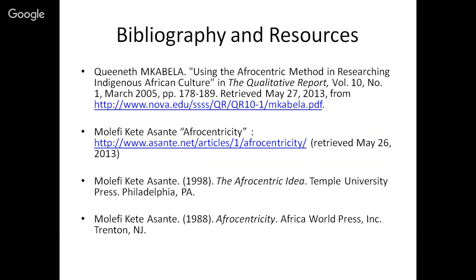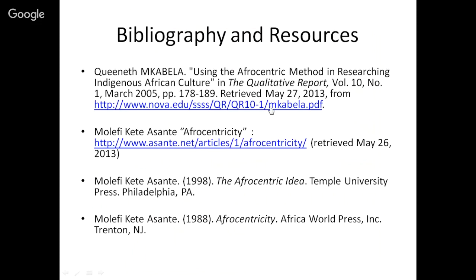So Molefi Kete Asante, The Afrocentric Idea, Molefi Asante, Afrocentricity. This is his Afrocentricity link that you should have already. And another article which you may want to utilize is Using the Afrocentric Method in Indigenous African Culture.